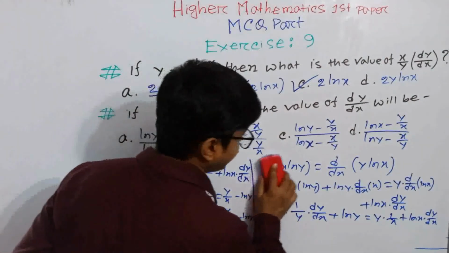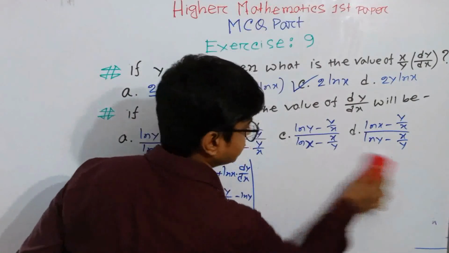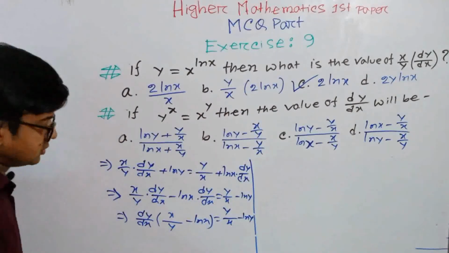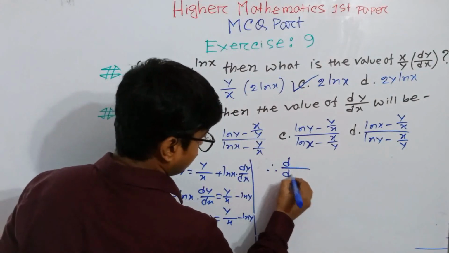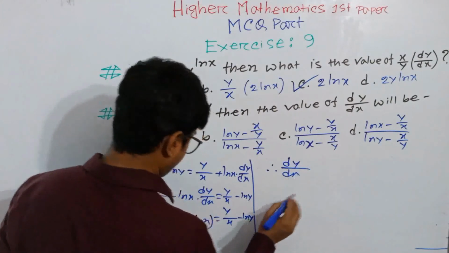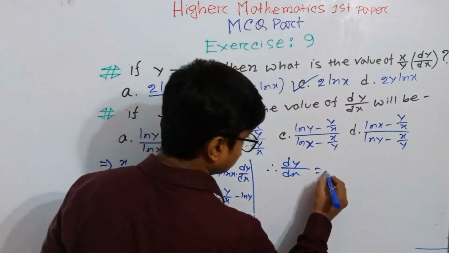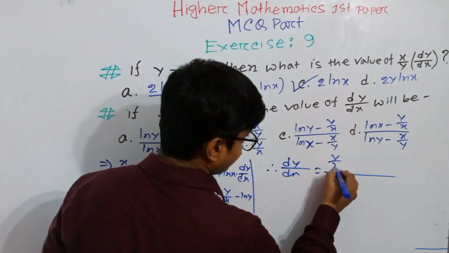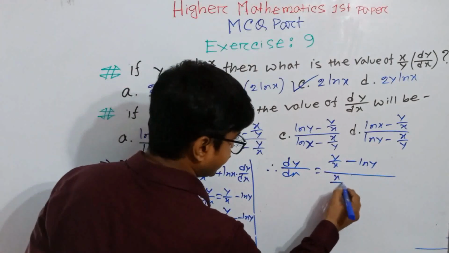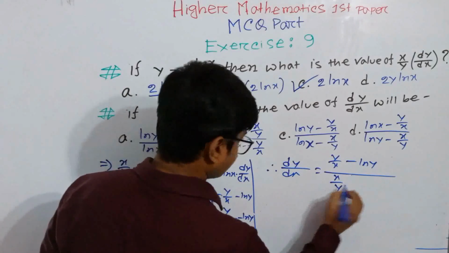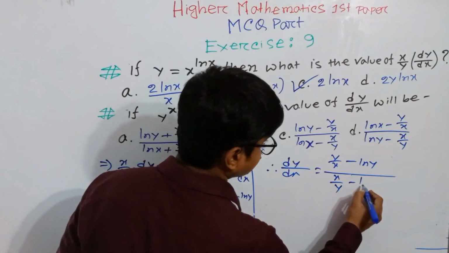Therefore dy/dx equals (y by x minus ln y) by (x by y minus ln x).